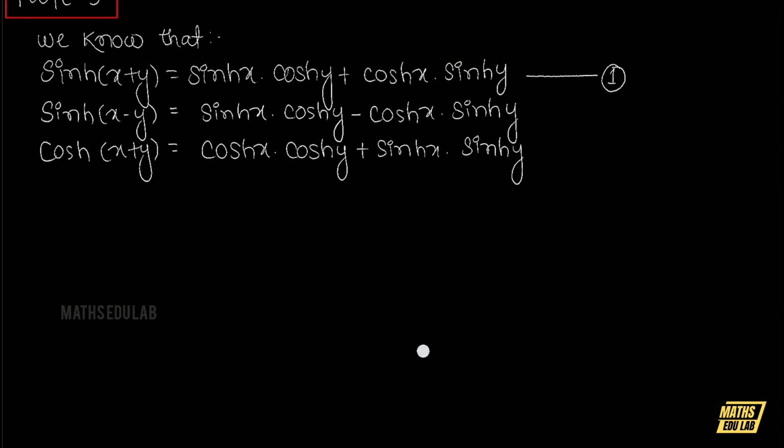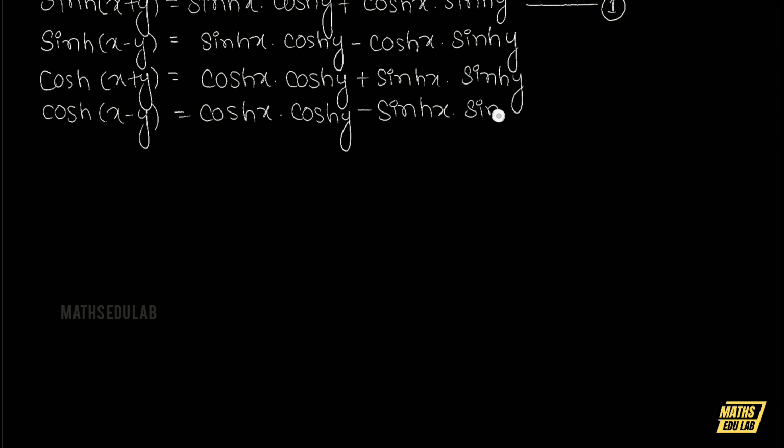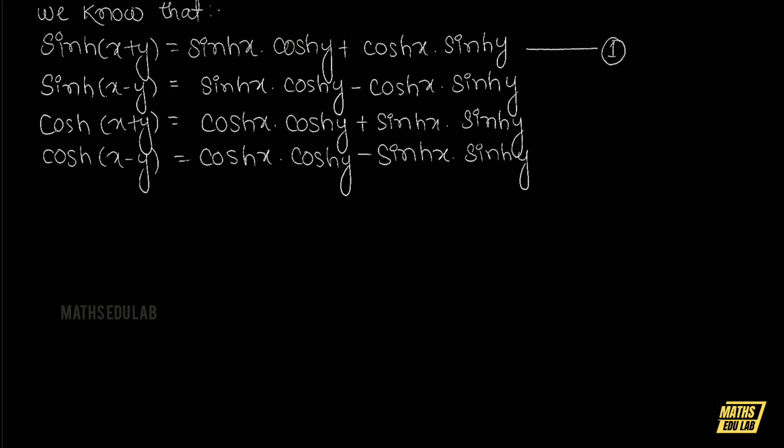And similarly we will write the formula for cosh(x−y), which is cosh x cosh y minus sinh x sinh y. These are the four formulas which we have already discussed in our previous videos. Consider this as the second equation, this is our third equation, and this is our fourth equation.